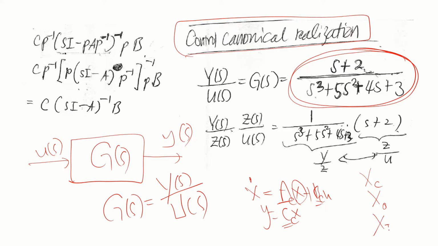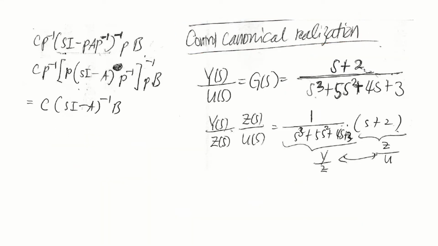And there's another one, x_J, then you're going to get A_J, B_J, C_J. I will tell you these two today, and I will get back to the Jordan canonical realization next week. So suppose you have G(s). How would you get the control canonical realization?